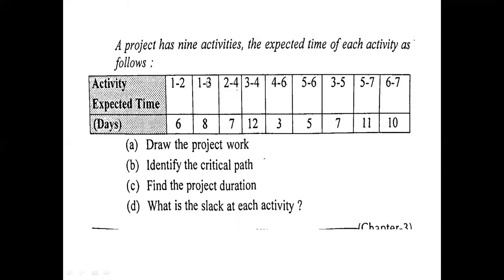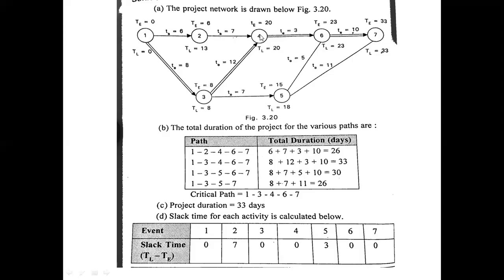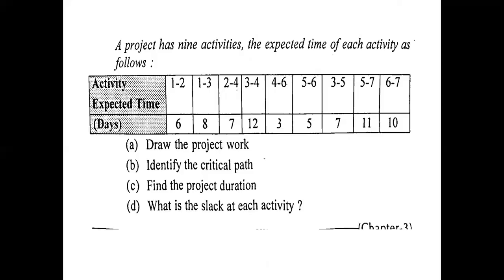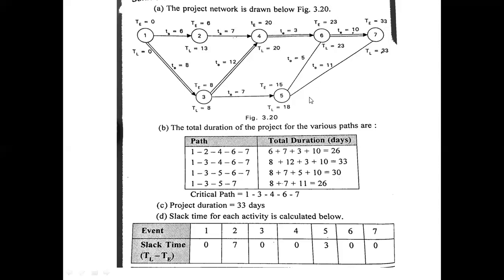Then 5 to 7, and at last the activity is 7. So 6 to 7 as well as 5 to 7. After completion of these two activities, then we go for 7. Okay.